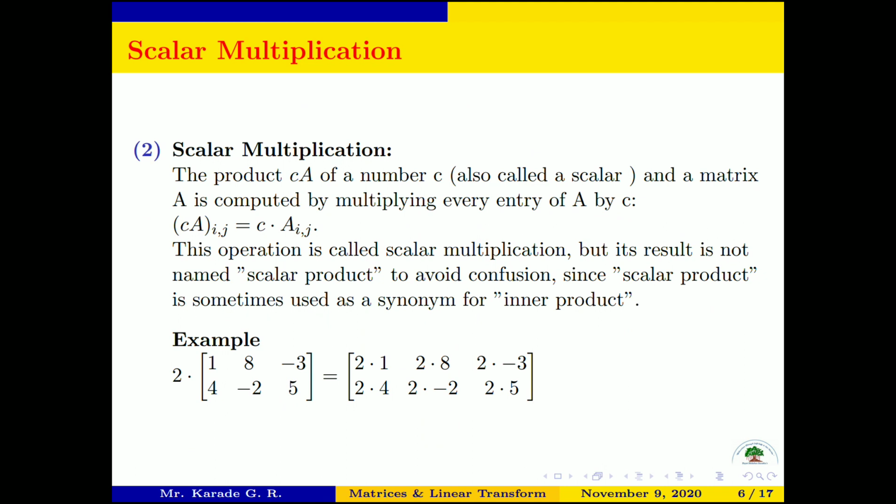So the resultant is, here we have multiplied a scalar 2 to every element of the matrix, and the resultant is 2, 16, minus 6, 8, minus 4, 10.